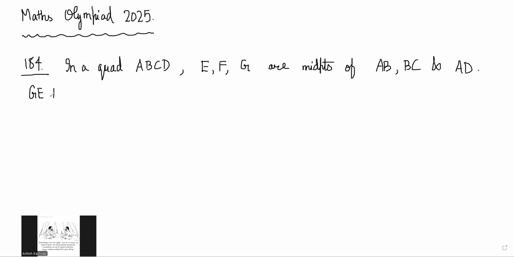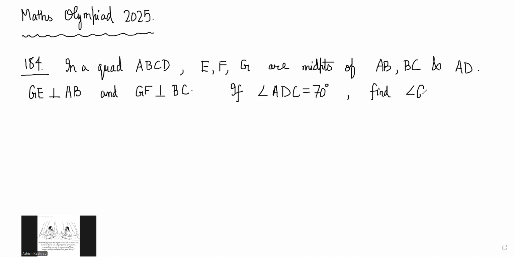GE is perpendicular to AB and GF is perpendicular to BC. If angle ADC is equal to 70, find angle GCD.